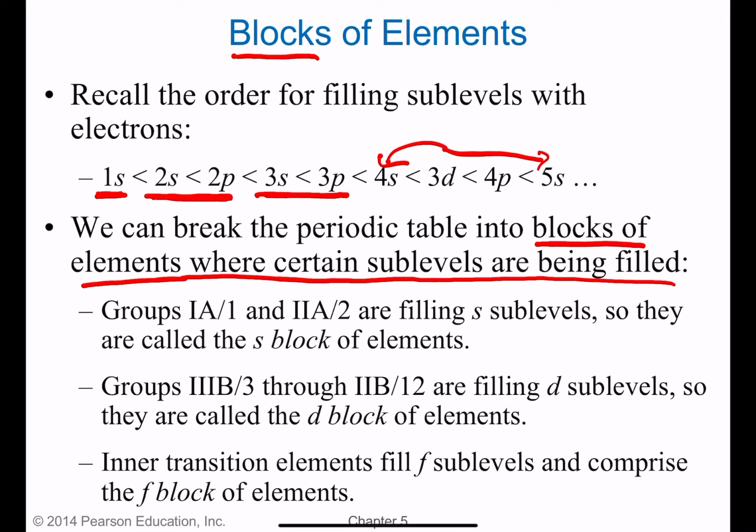Now, just a quick note on this notation. So we've got 1A/1 and 2A/2. I'm just finding the page number, because it's kind of interesting historically. On page 138, they talk about all of the different group numbers, different ways that we will label the columns on the periodic table.